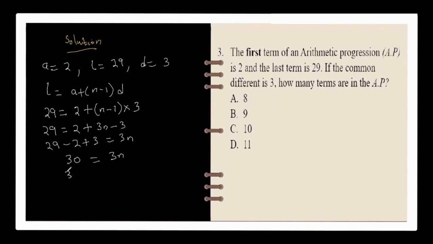So we divide both sides by the coefficient of n, which is 3. So here n is 10, and n is actually the number of terms in this AP. So if we go and check the options now, you see that option C is the correct option. So we'll proceed to question number 4.